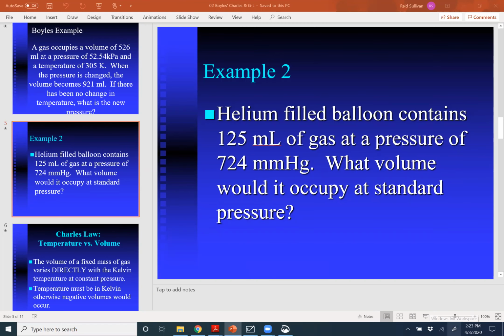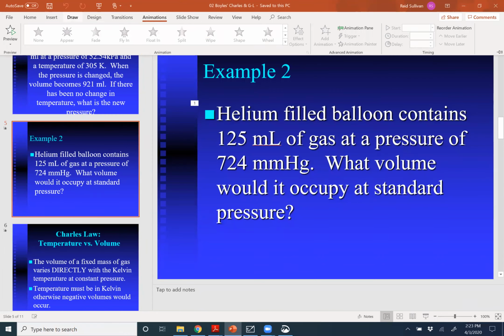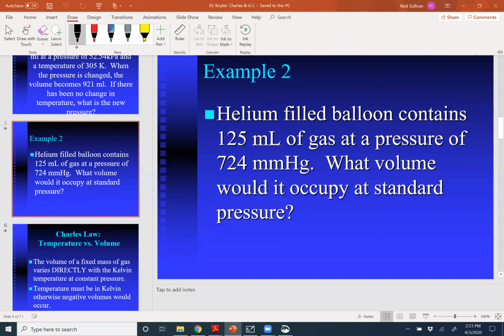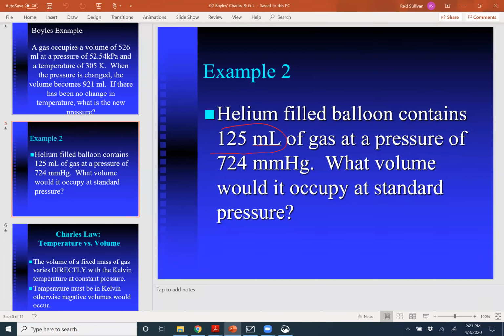So we're going to go over here. Let me write on it. There we go. We'll go to draw and we'll use red because this is blue. So we have here our volume and here a pressure. We have to look at the units to recognize what these numbers are representing.